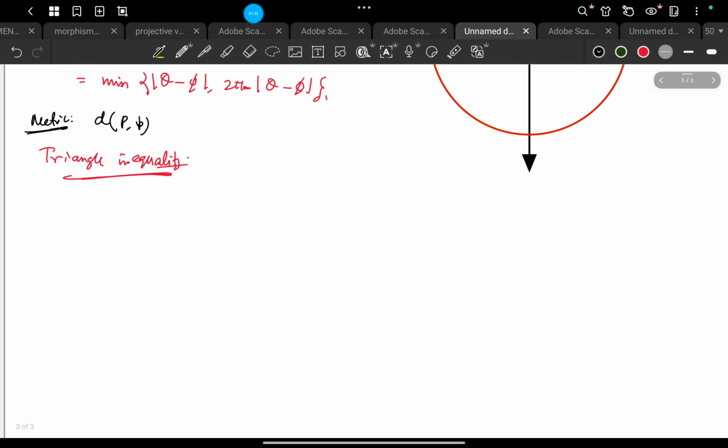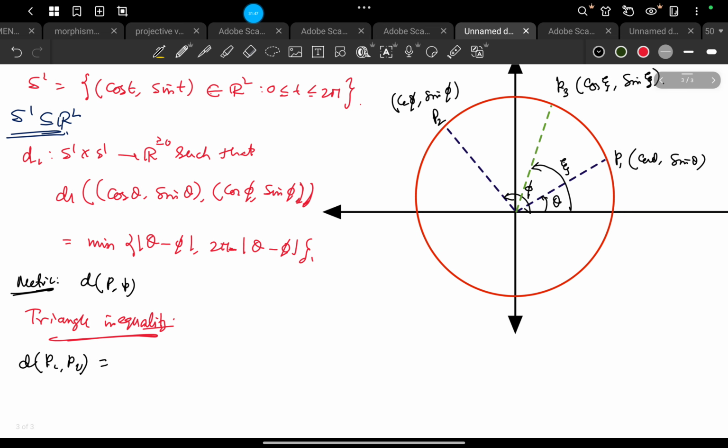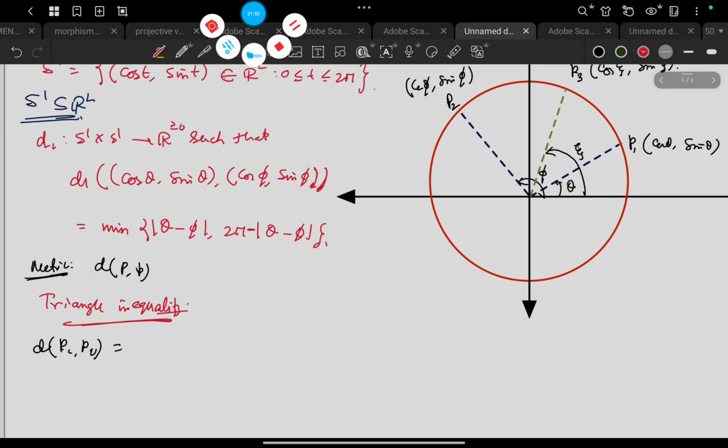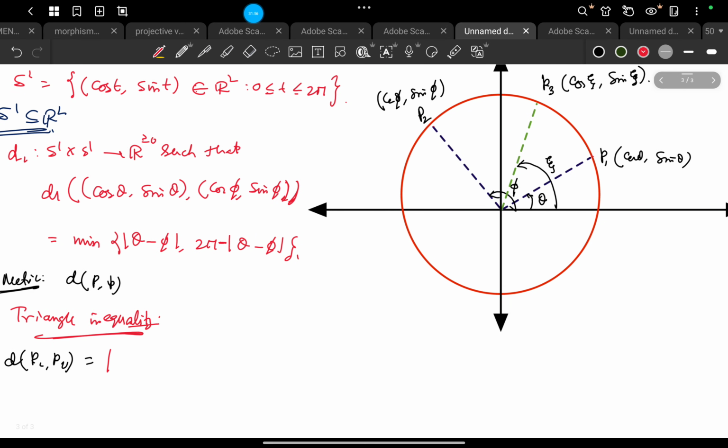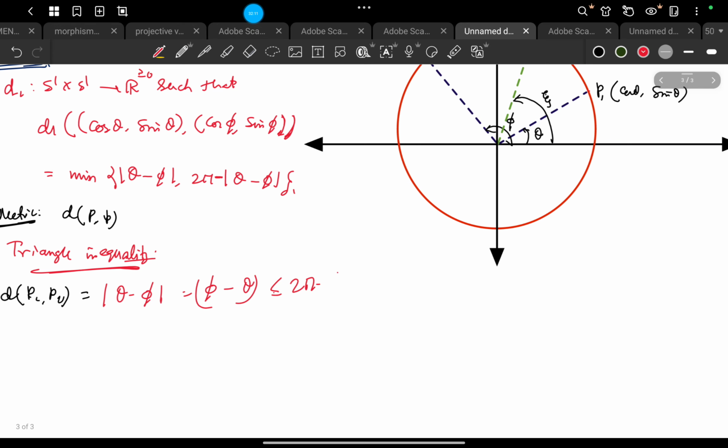Then d of p1 p2 is nothing but mod of theta minus phi, and from the picture it is phi minus theta. So that means it is less than or equal to 2 pi minus (phi minus theta).